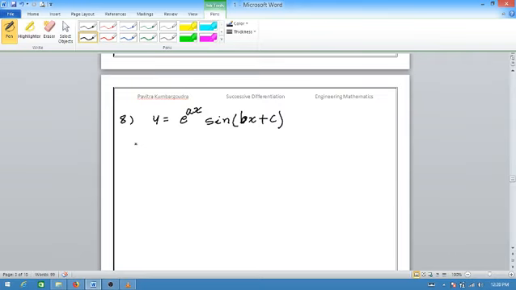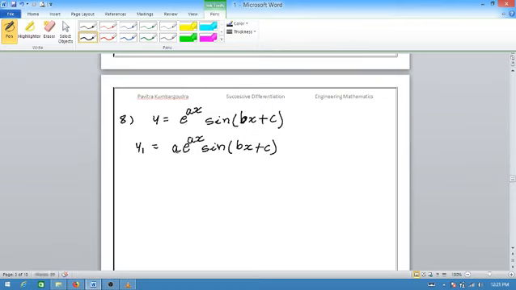So y1 is equal to, here I have to apply the product rule. What is the differentiation of e to the power of ax? A into e to the power of ax into sine bx plus c.